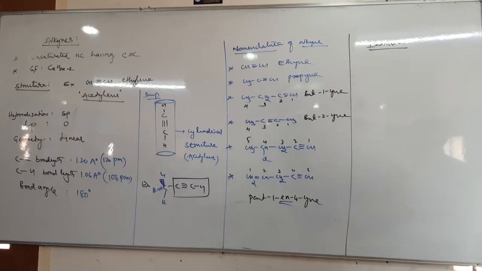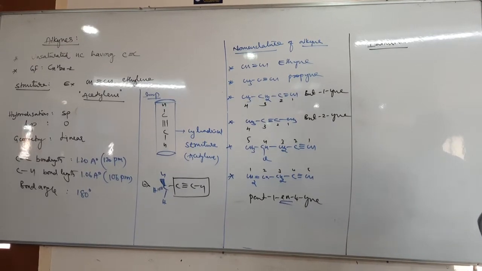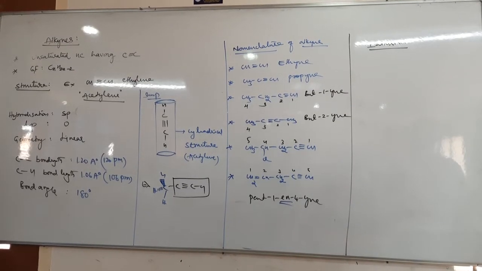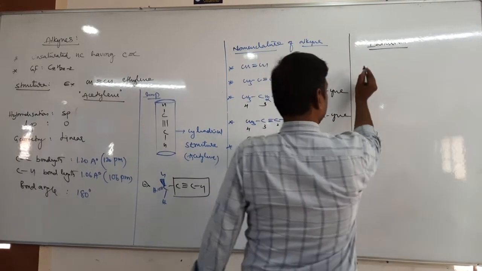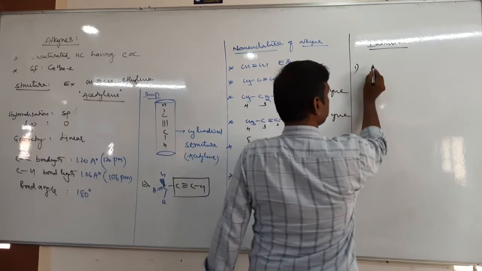Geometrical isomerism is a property of alkenes and cycloalkanes, not of a triple bond. If there is a triple bond, will you write cis-trans? No. Therefore, what isomerism is possible in case of alkyne? 1. Structural and second one is optical. So there are two types of isomerism possible.